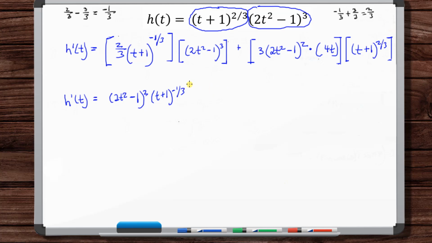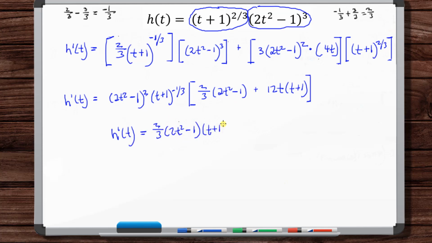Okay, so let's write out what we're left with. But we can get rid of this fraction if we factor out a 2/3. And this becomes 18.